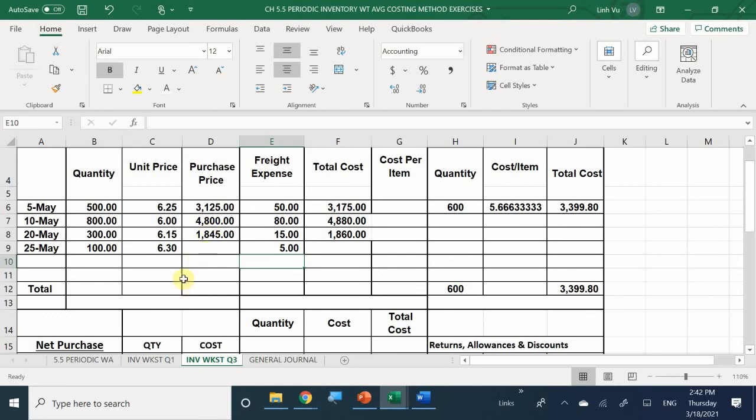Again, these are fake numbers, just numbers that were made up, not reflecting real life. So again, what is my total purchase price? $630, plus freight of $5, $635. Thank you.